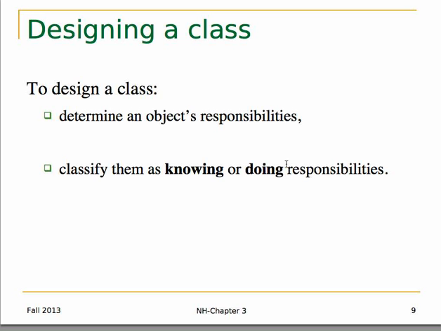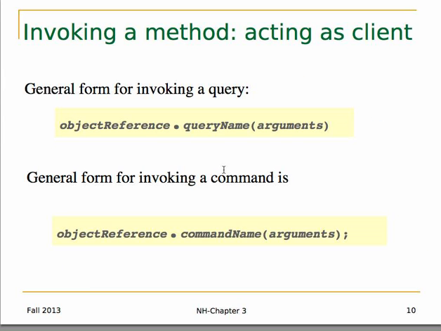So if you have a rectangle class, you could make the area an actual data member, or you could just have it in general be a knowing responsibility that can be implemented using a query method, which can just compute the area from knowing the length and the width. Okay, so you want to think about these things carefully.